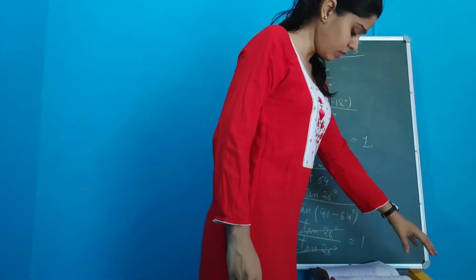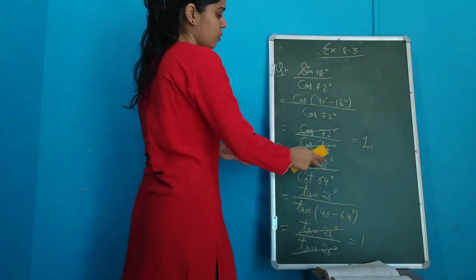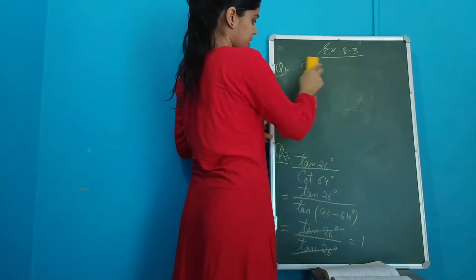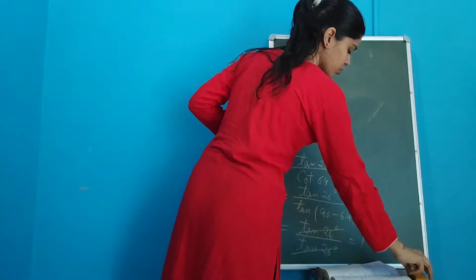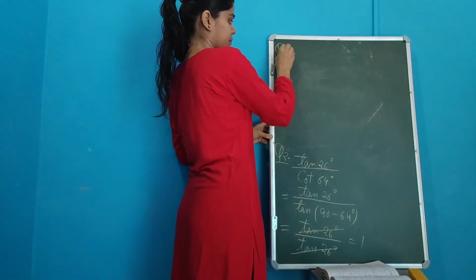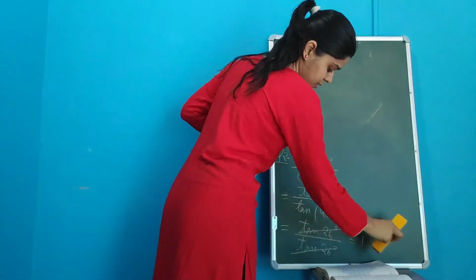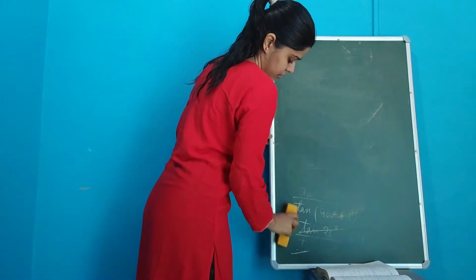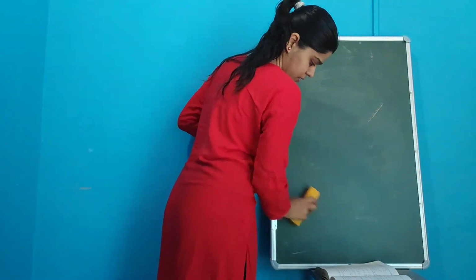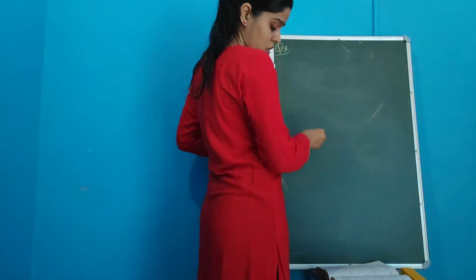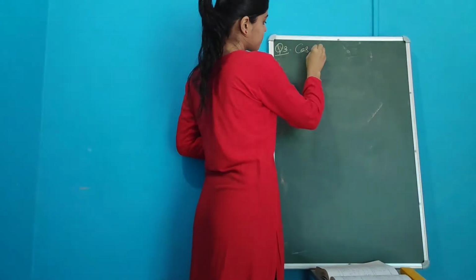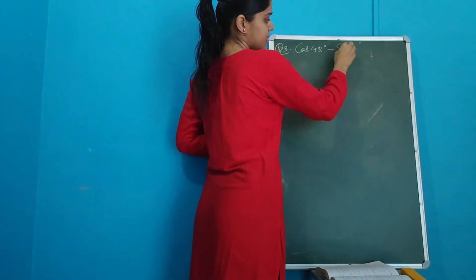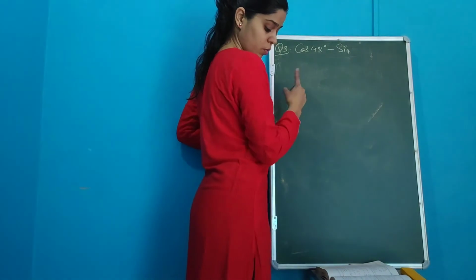Alright, now we'll move to question number 3, and it says cos of 42 degrees, cos of 48 degrees minus sine of 42 degrees.